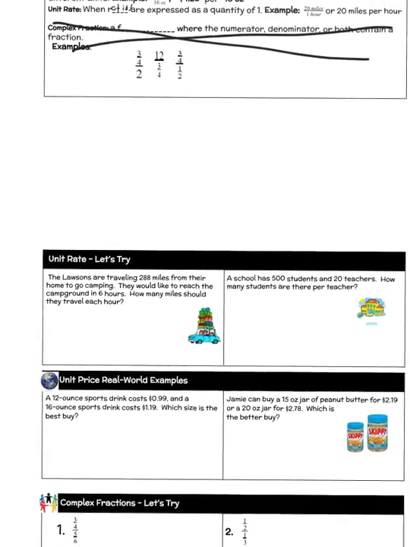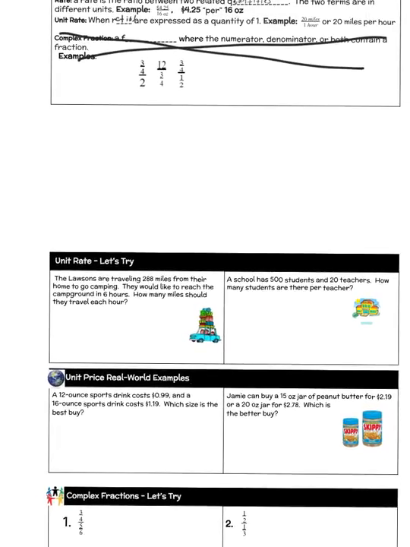So down here with the story problems, we're just going to focus on this first 4. So the first one says the Lawsons are traveling 288 miles from their home to go camping. They would like to reach the campground in 6 hours. How many miles should they travel? So for this, we'll look at the miles, which is 288, and they would like to be there in 6 hours.